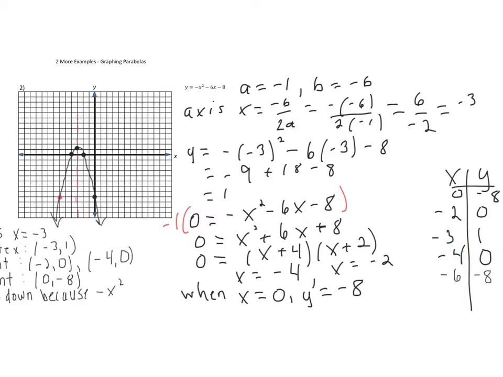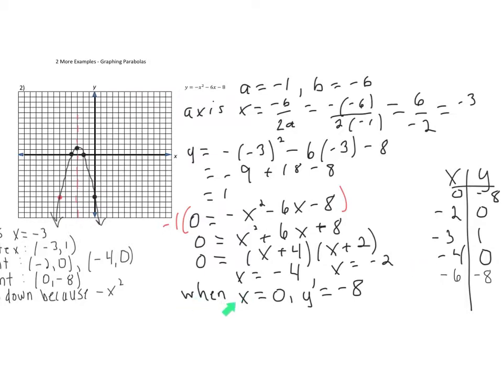Next up is to find our x-intercepts, which are to set this equation here equal to 0. With the -x squared, I'm multiplying through by the -1, which changes all our signs on the right. Makes it easy to factor now with the +x squared. So the solutions are -4 and -2, which go in our chart right here as the x-intercepts.